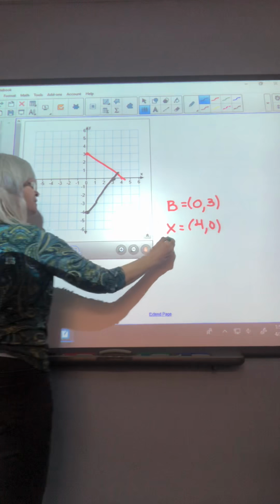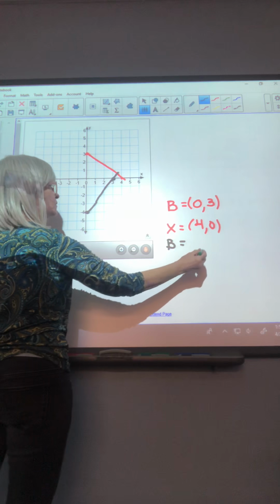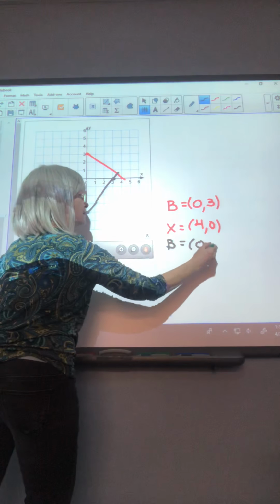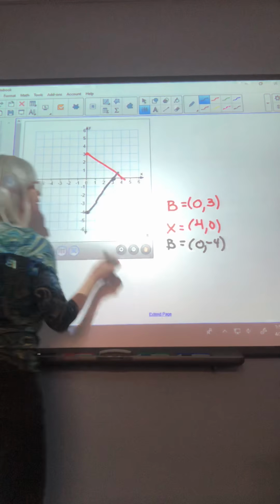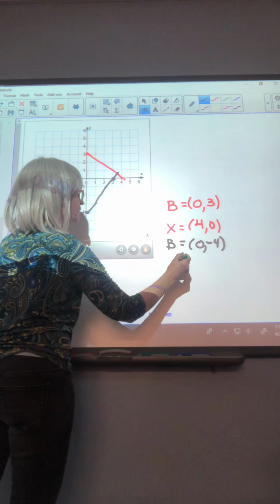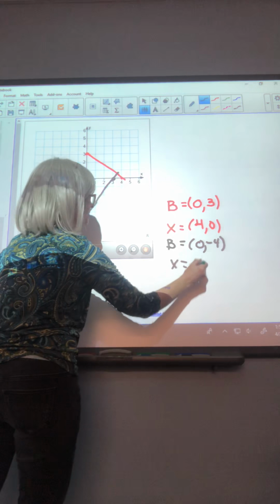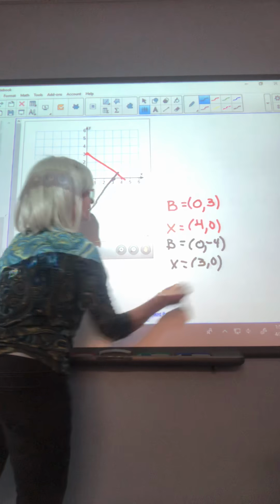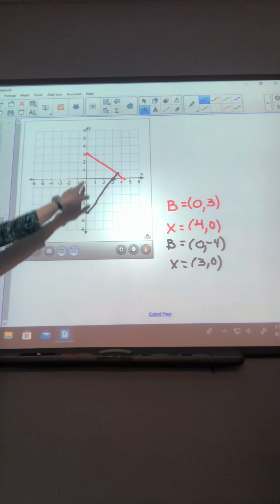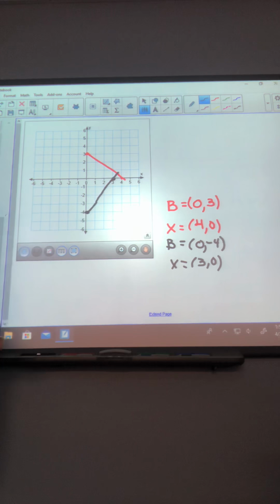So the y-intercept, or the b, is equal to 0, negative 4. The x-intercept is the 3, 0. Wow, sorry about that. So the y-intercept is 0, negative 4. X-intercept, 3, 0.